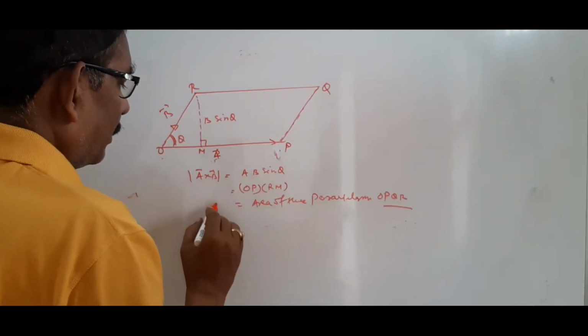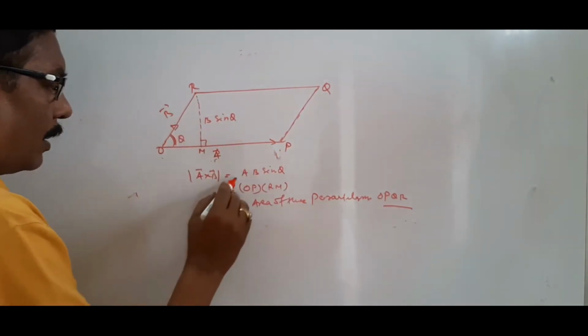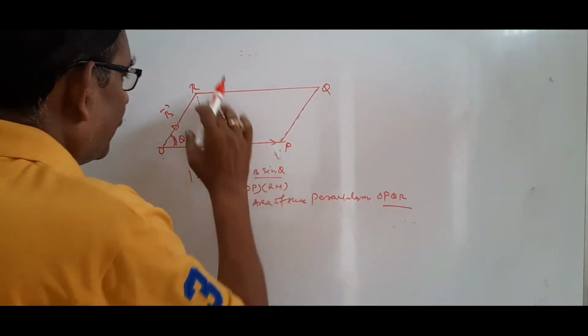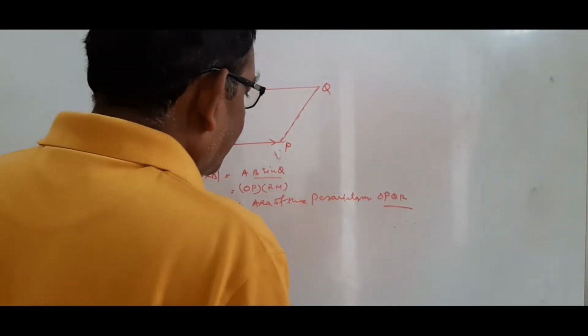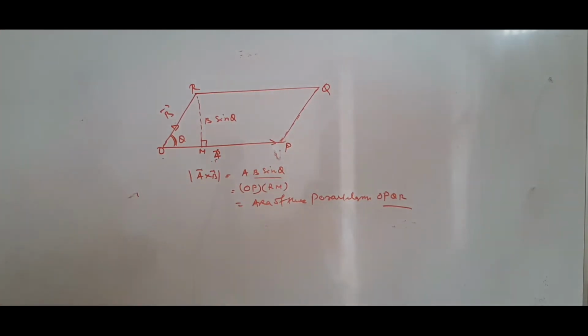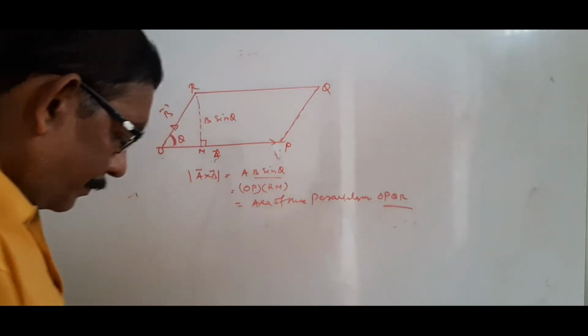It is your base into your height. A is your OP, B sin theta is your RM. This gives you the area of the parallelogram. So in this way, you find out the value of A cross B.